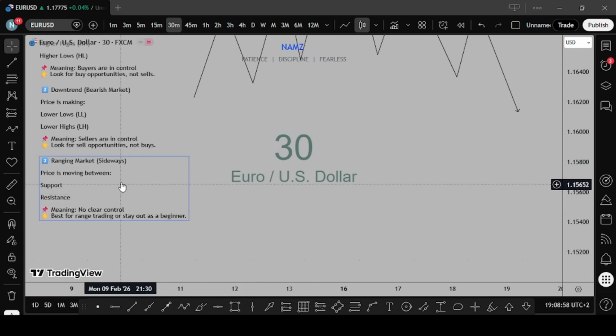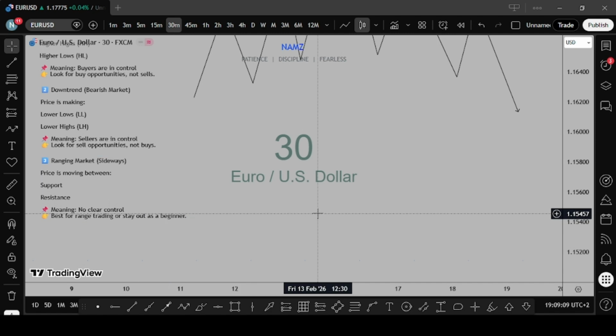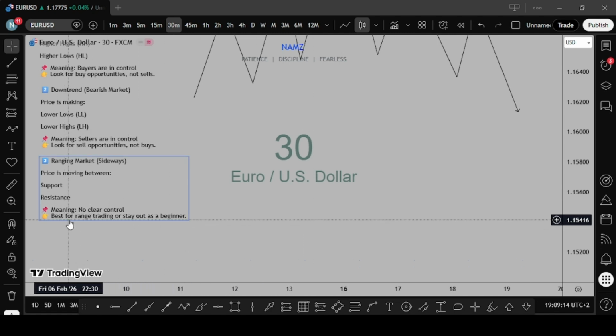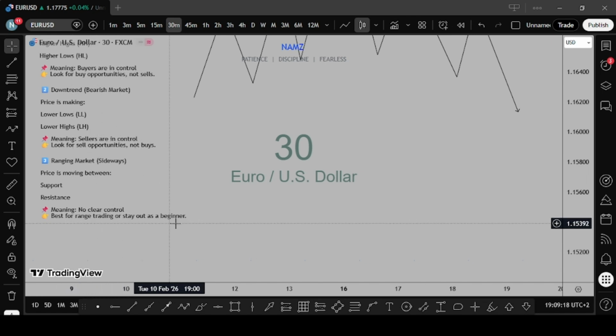So what am I saying? A ranging market, or sideways, price is moving between support and resistance, meaning no clear control. Best for range trading or stay out as a beginner.